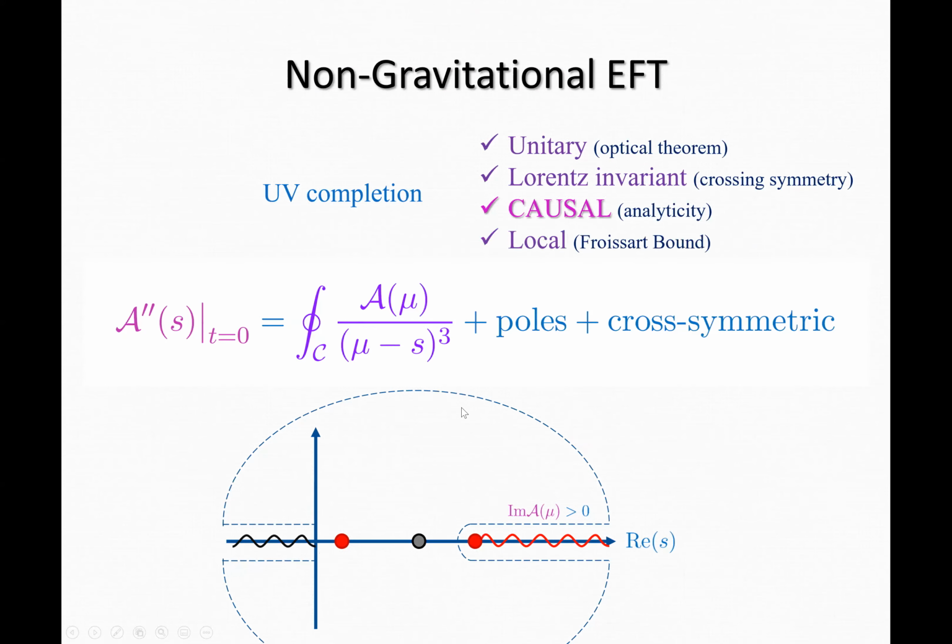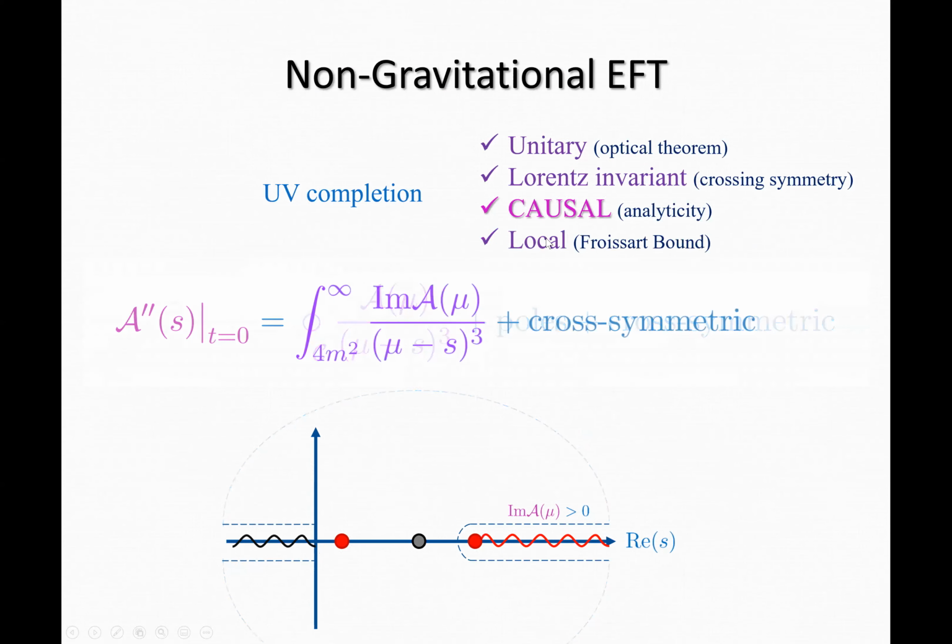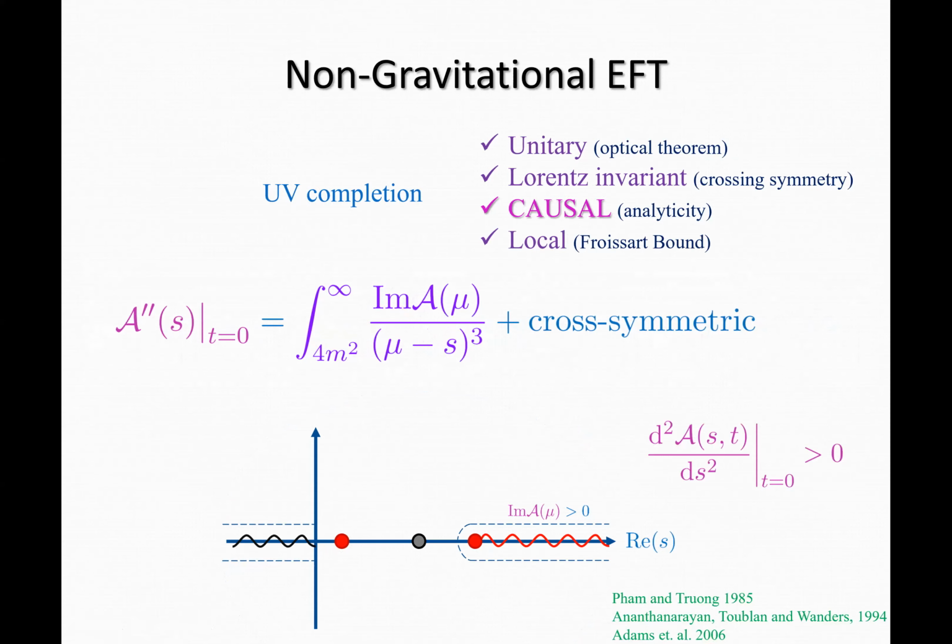And if you further require locality, which here really means I require the Froissart bound, so the requirement that the amplitude decays faster than s squared when s goes to infinity, then as you send the boundary of your contour to infinity, the integrand drops out, and you end up with a requirement that has to be satisfied within the regime of validity of the low energy effective field theory. At low energy, you require that the amplitude, no matter how this theory is precisely embedded at high energy, has to be positive. So really, it's a second derivative in here.